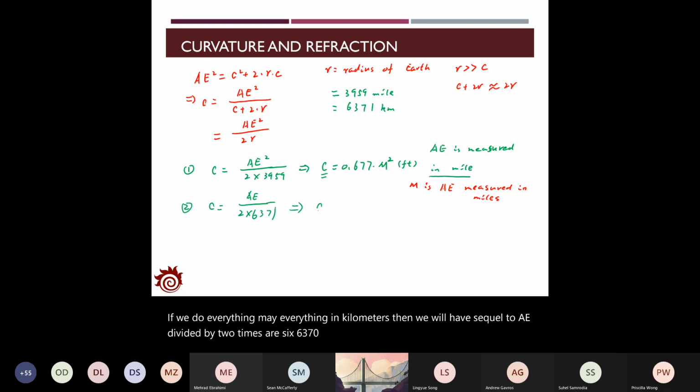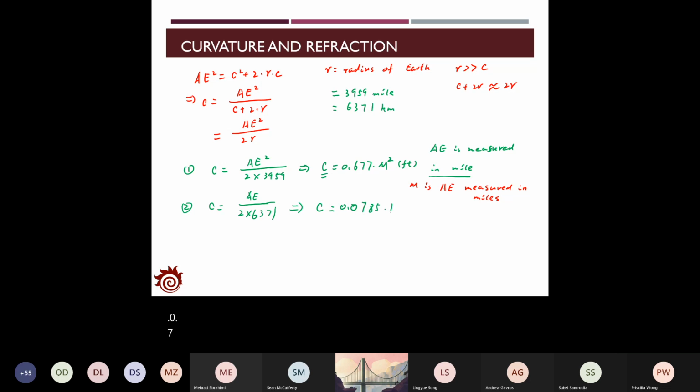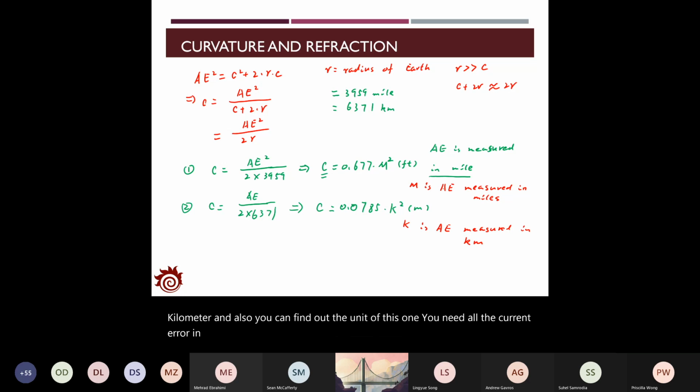With that, you can find C equal to 0.0785 times K squared, where K is AE measured in kilometers. The unit of the curvature error in this case is meters.